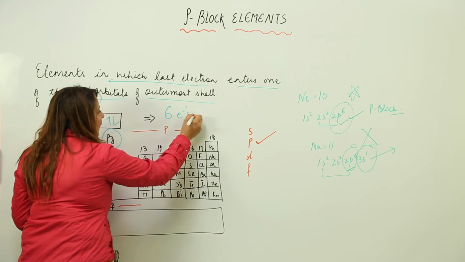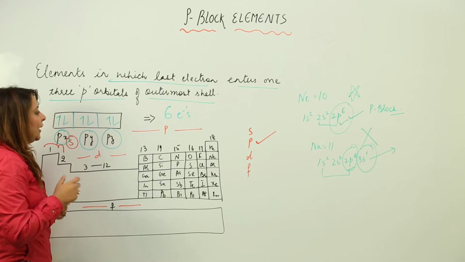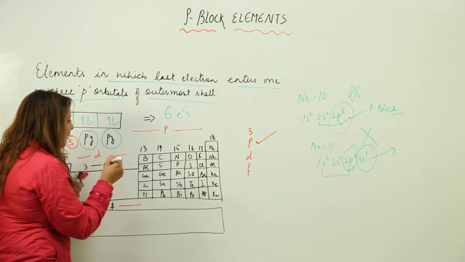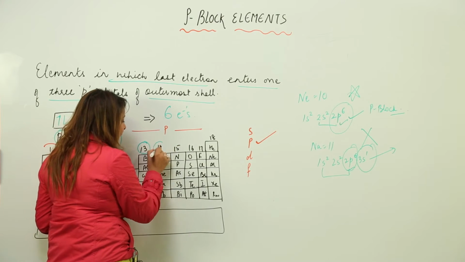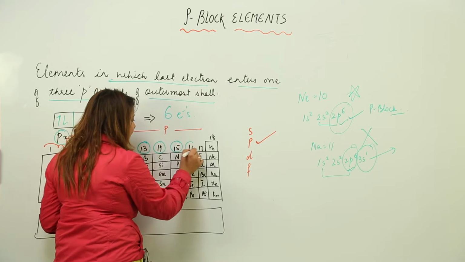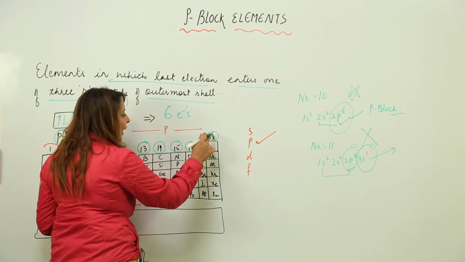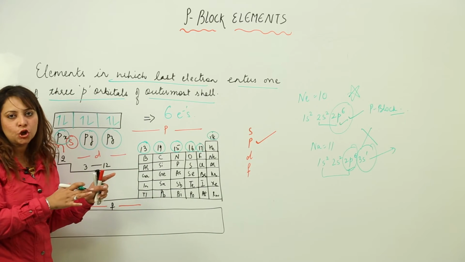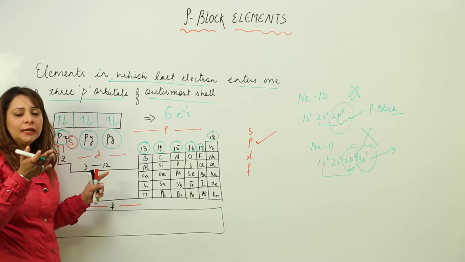That is the reason we have 6 groups which fall under the P block. As you can see, there are 6 groups in P block: 13, 14, 15, 16, 17 and 18, that is 1, 2, 3, 4, 5 and 6, because it can accommodate only 6 electrons.